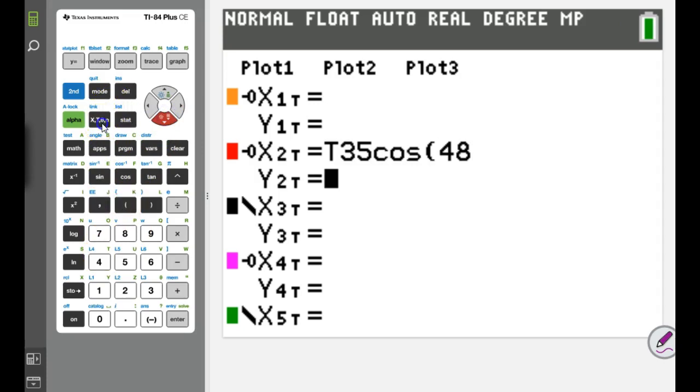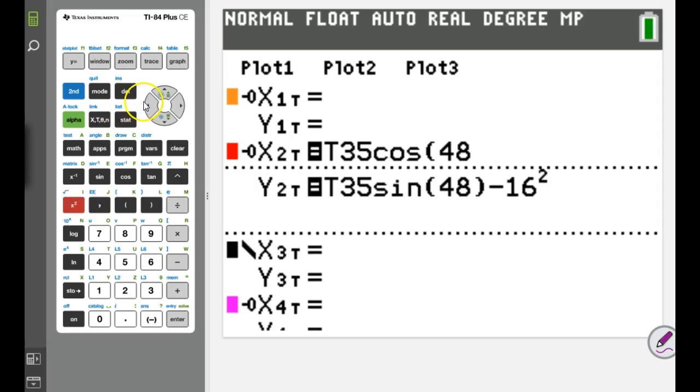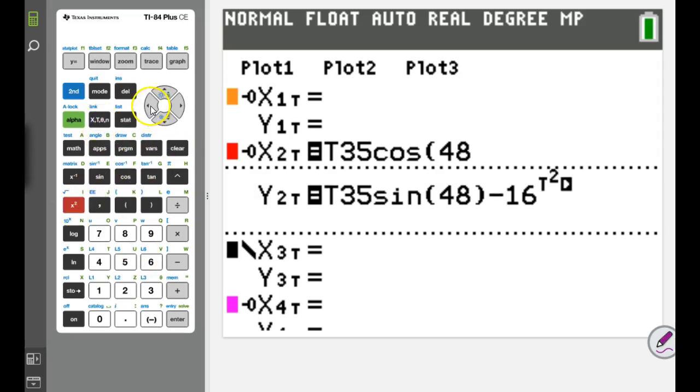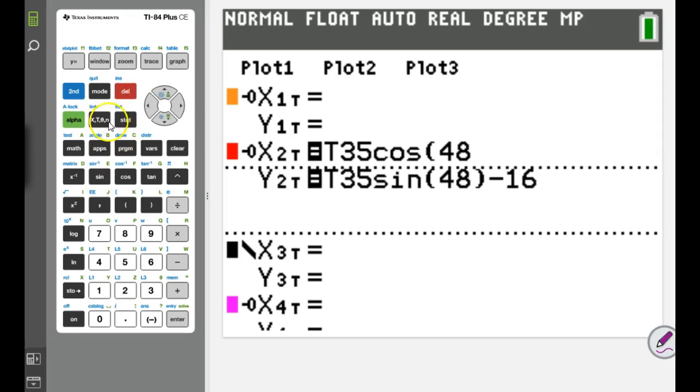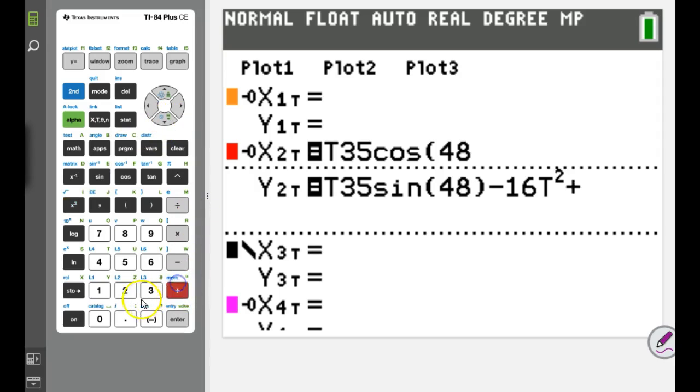And then the next one is t 35 sine of 48. Got to close the parenthesis this time, because then we have negative 16 t squared. Don't do what I'm doing. There we go. Plus 2.